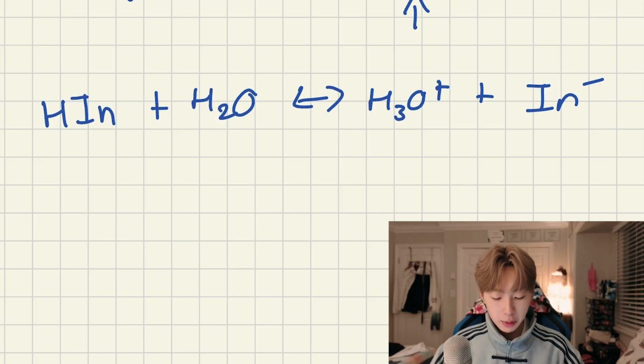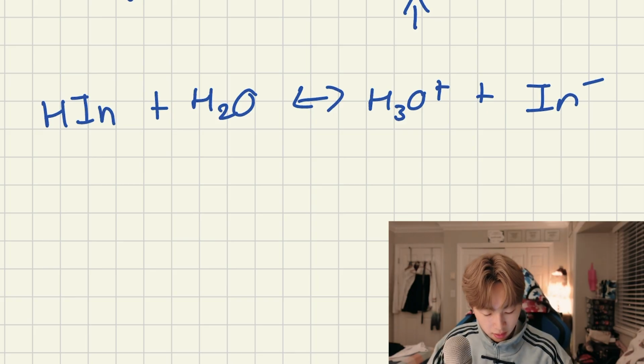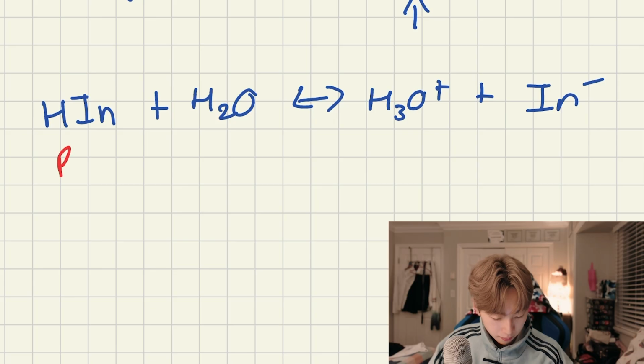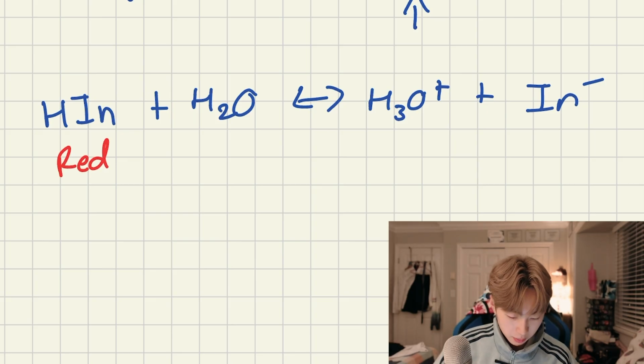Anyways, now that we have our equation here, we can start explaining how they work. Let's say our HIN is red, and then our IN-, which is the conjugate base, is going to be yellow.